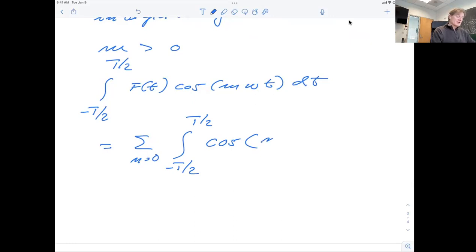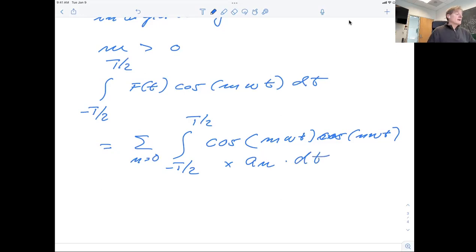So I only need to look at the cosine part here. So I have cosine of n omega t multiplied with these unknown coefficients a of n, and then this is integrated over dt.